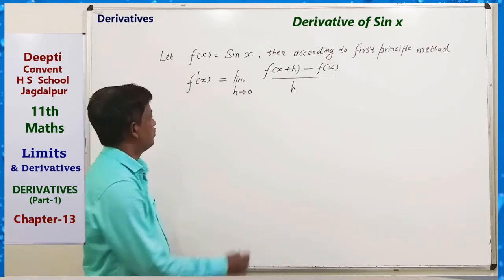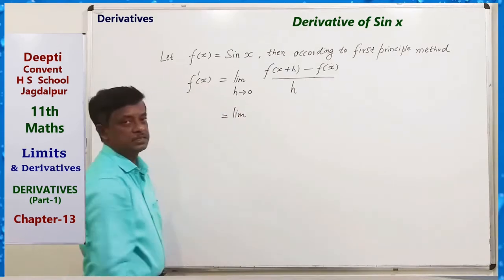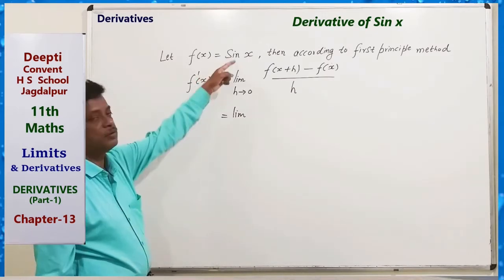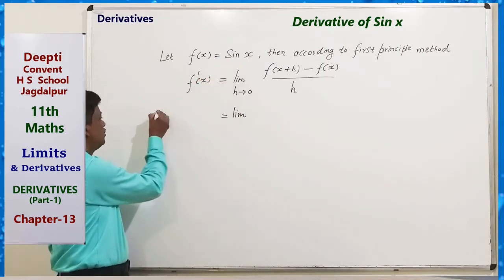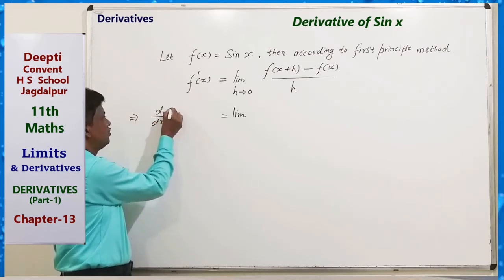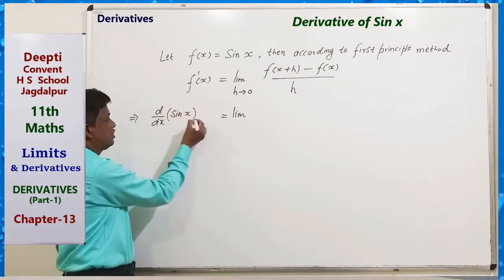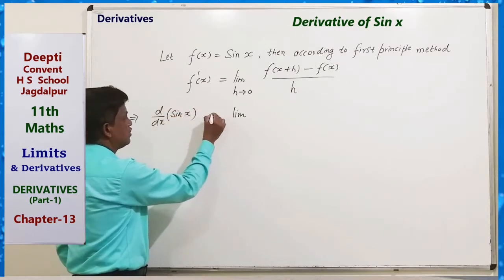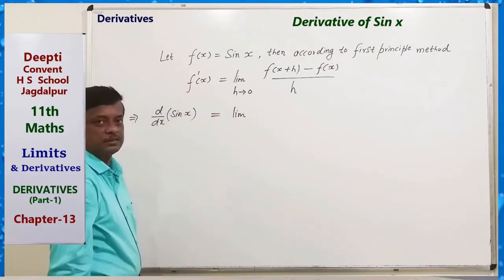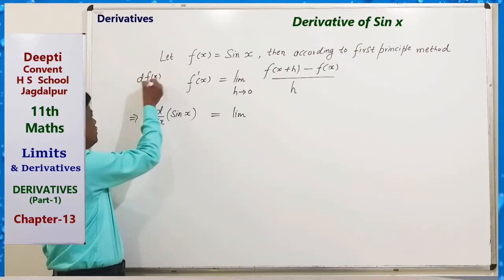Now f dash x, that means the derivative of this, d by dx of sin x. We can also write it like this: f dash x is df(x) upon dx.